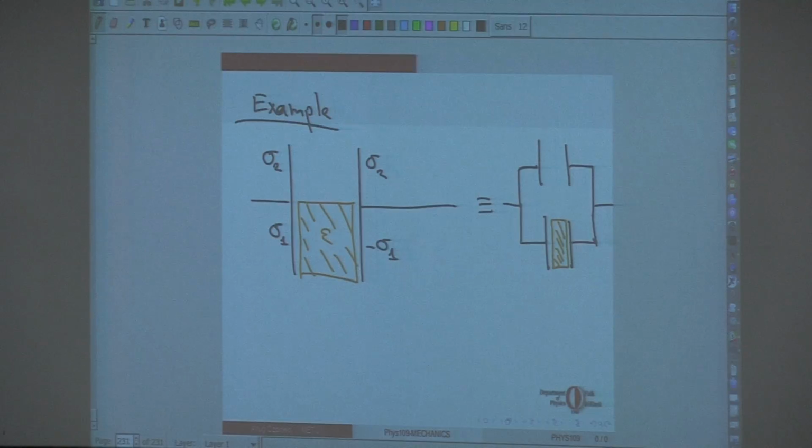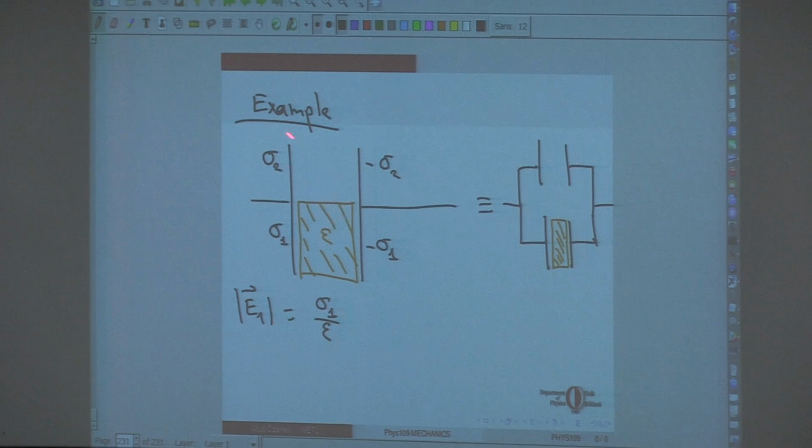Now, the thing you have to pay attention to in order to determine these sigma 1 and sigma 2 is that the potential difference between these two plates has to be the same, whether you calculate it along this line or along that line. So you see here the electric field, let's say its magnitude, will be sigma 1 over epsilon.